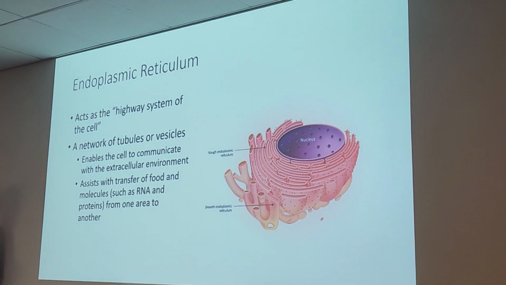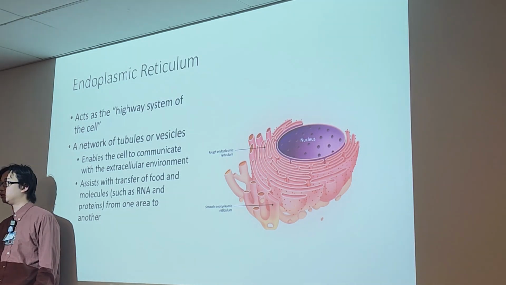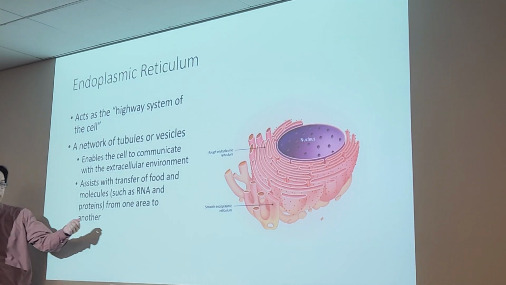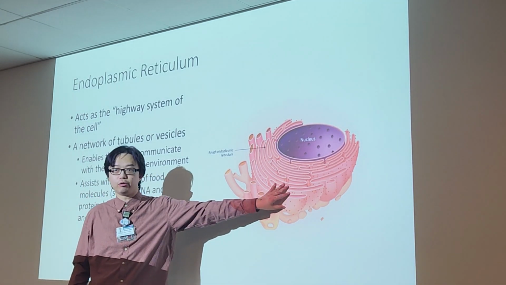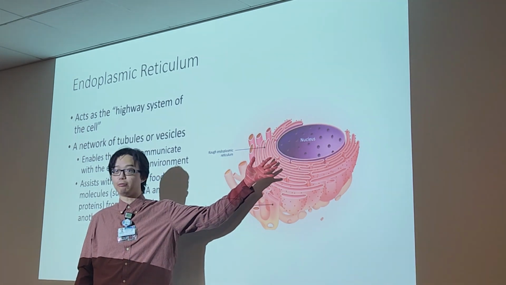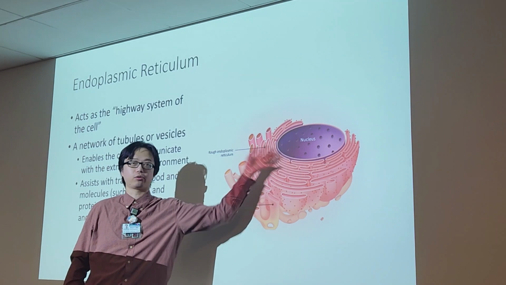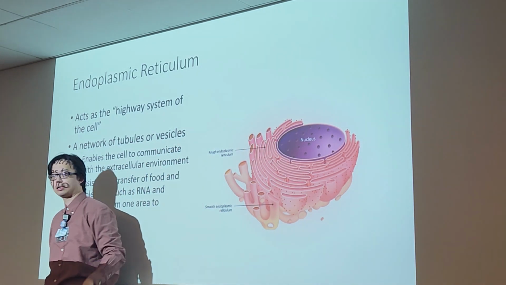What do we make in the ribosomes? Protein. Proteins, exactly. We make proteins in the ribosomes. And then we need to move the proteins to where they're going to do their work. So it makes sense that our ribosomes, our factories, are located right next to the highway, this transportation network. So as soon as they make the proteins, they can go through here and travel to the correct location.